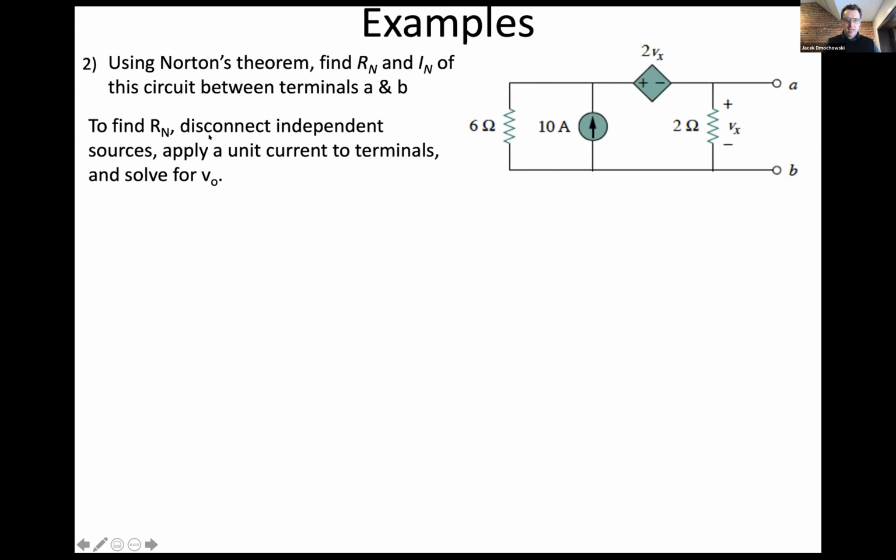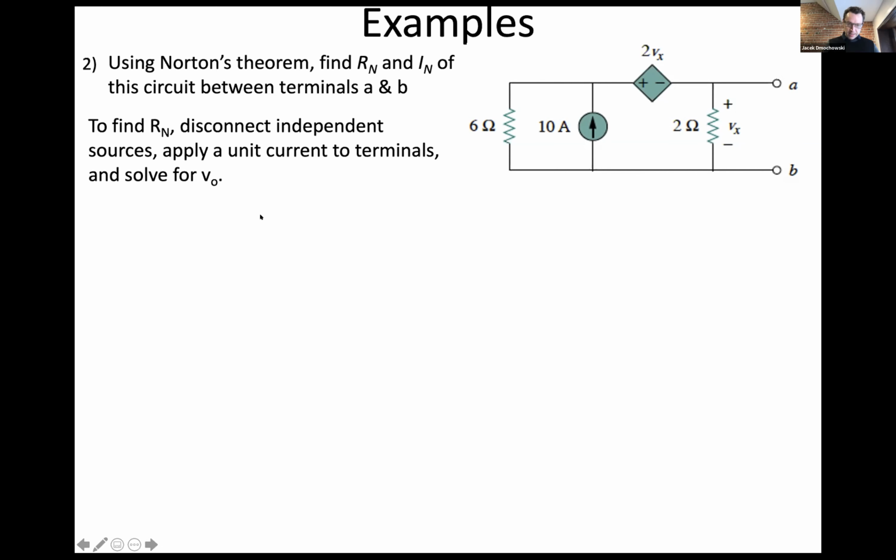And to do that, we disconnect the independent sources. And here we have a dependent source, so we cannot disconnect it. We only disconnect the 10 amp independent current source. So that one we can disconnect. We can open circuit this branch. But this 2Vx battery has to stay in.